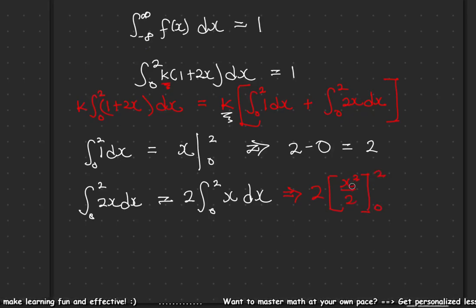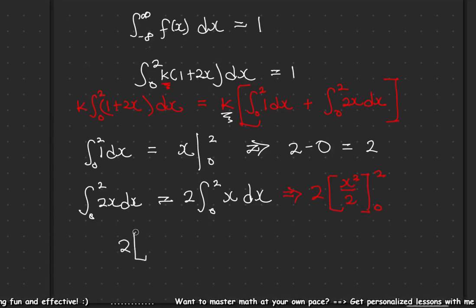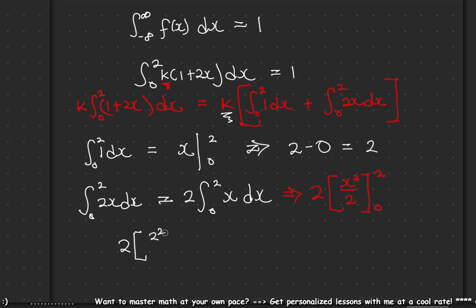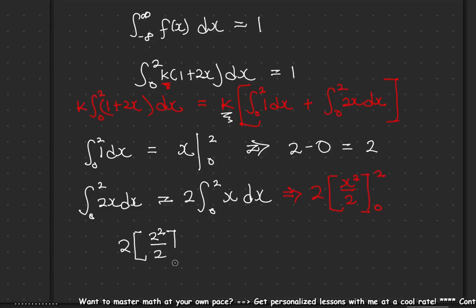So we now solve for this limit over here, and that should give us our 2, then in brackets. If we put the value of 0, we are still going to get 0, so we should just focus on the value being 2. So we have 2 squared all over 2, right?